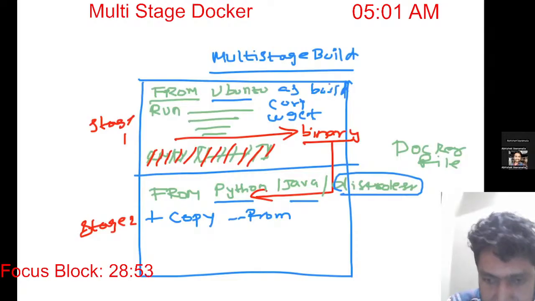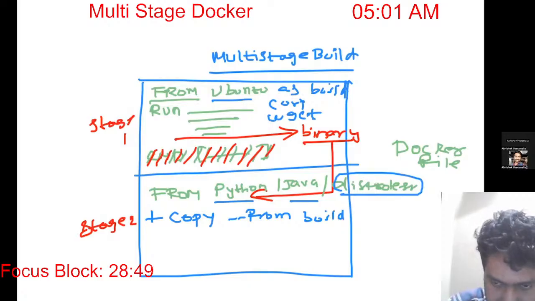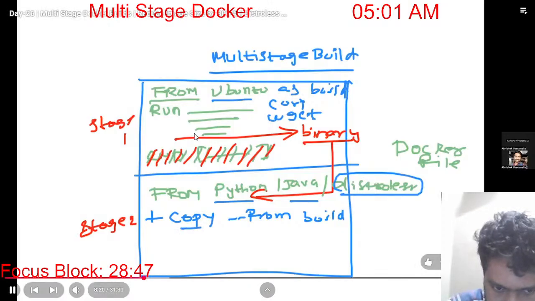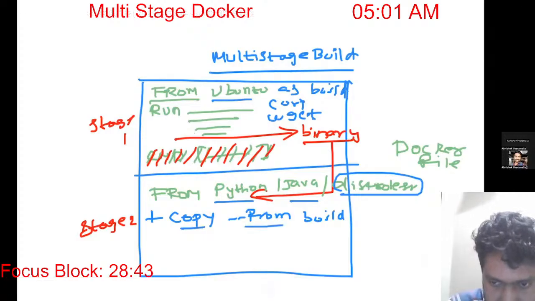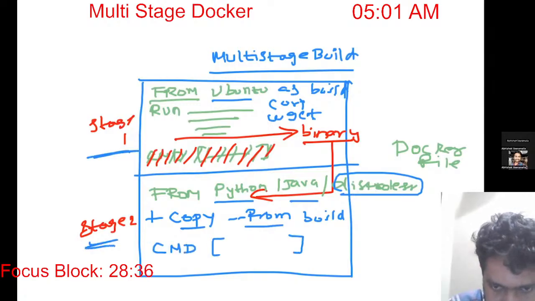You can create an alias called build. Okay, this again has a syntax, I'll show you. Here you can simply copy from your build stage, from stage 1 to stage 2, the binary, to /app. So here you will not have entry point or CMD, but in the final stage you will have the entry point or CMD.